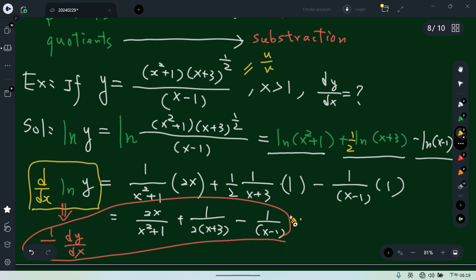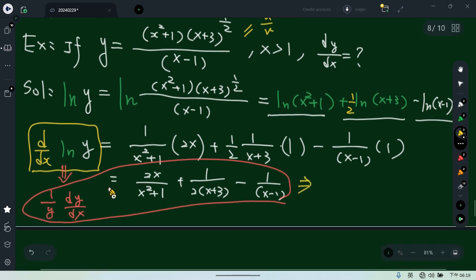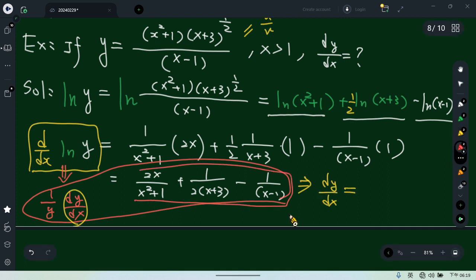We can continue because eventually we want to get this one, right? So dy over dx will become, if this part is a star, star times y. This is the result.